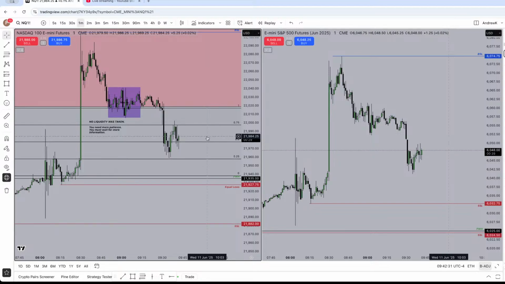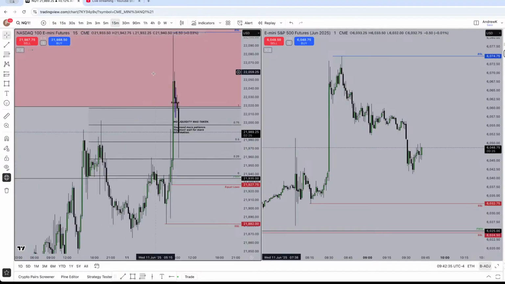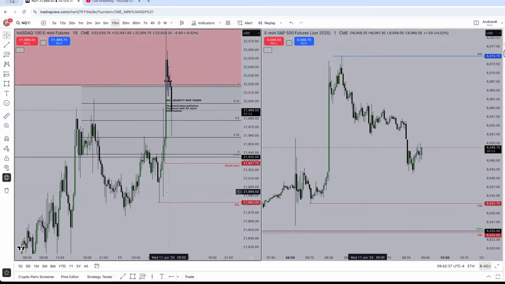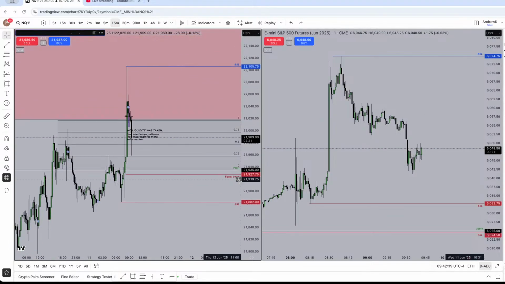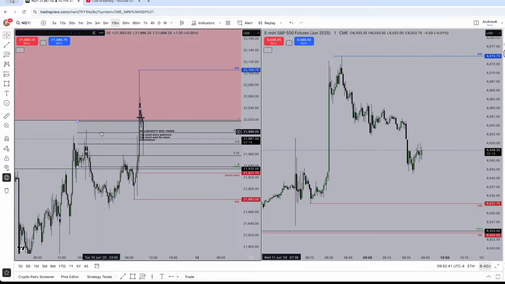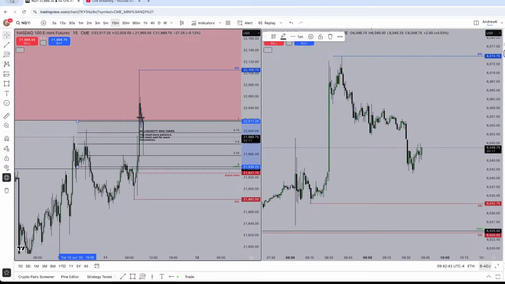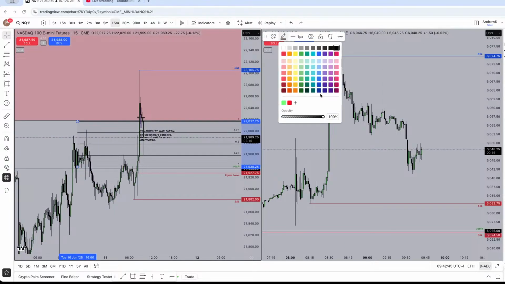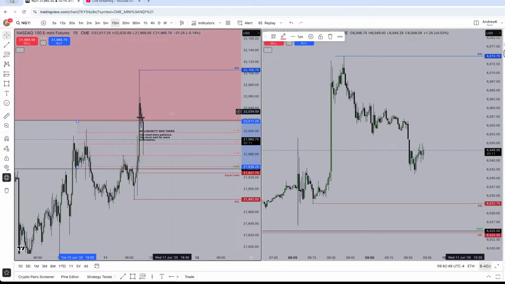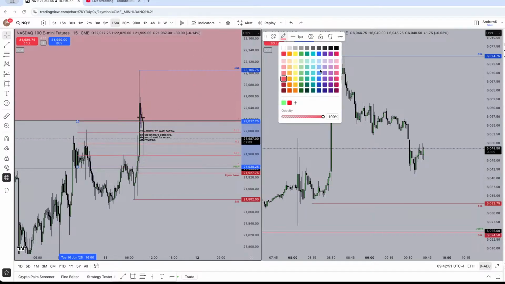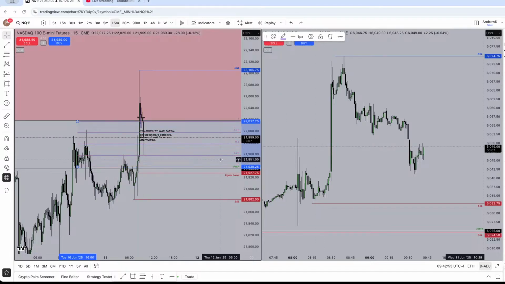But anyways, this is another thing you can pay attention to. I'll leave that on there for the people that want to see that this is the opening range gap. Maybe not that color, maybe purple.